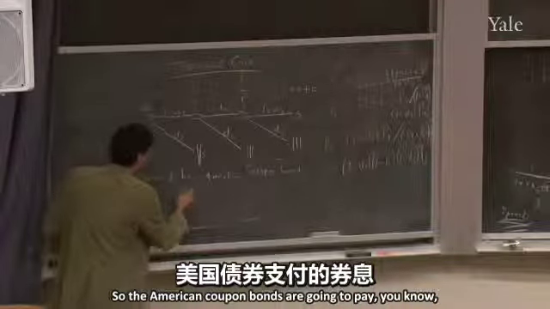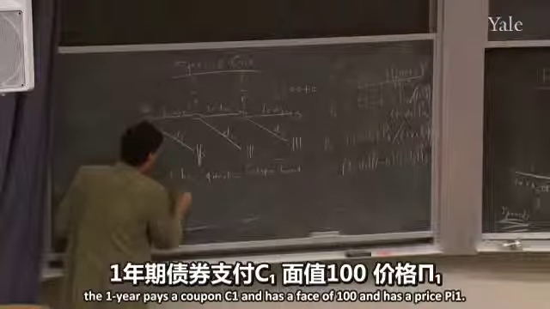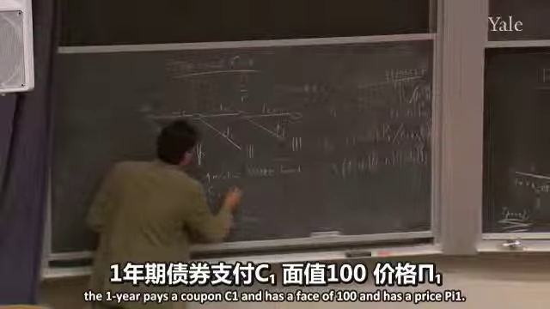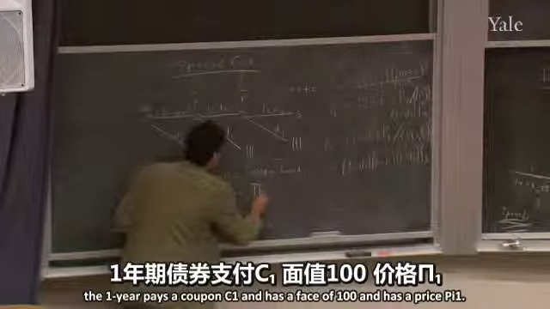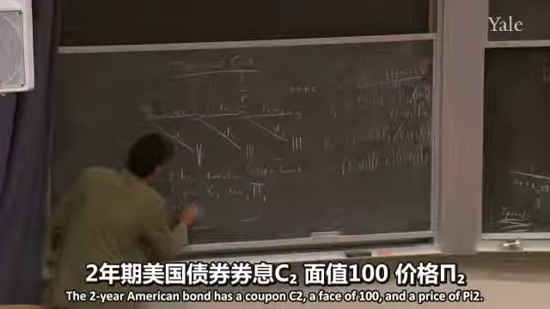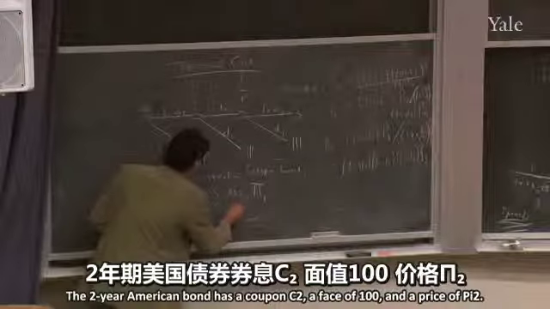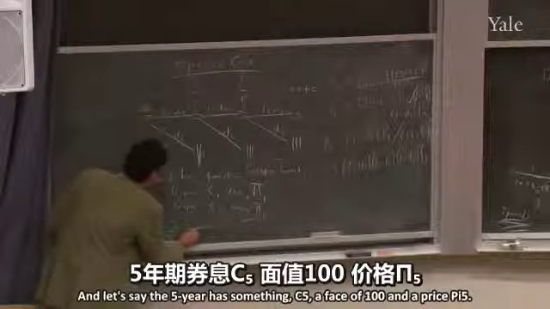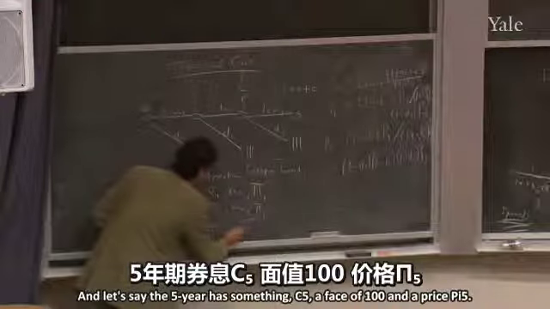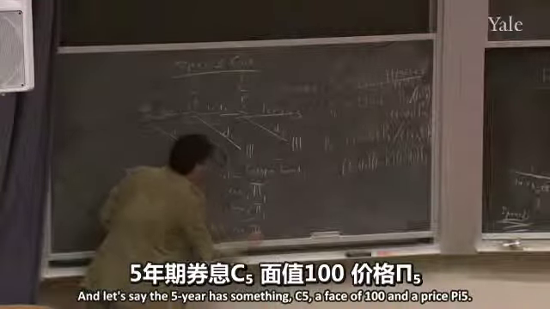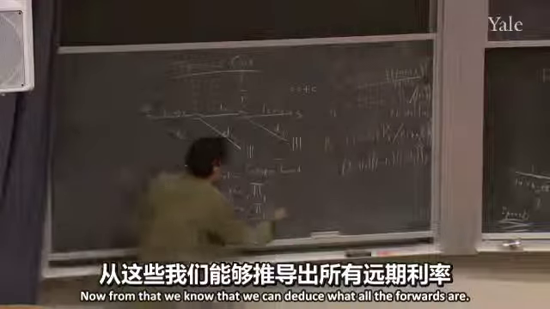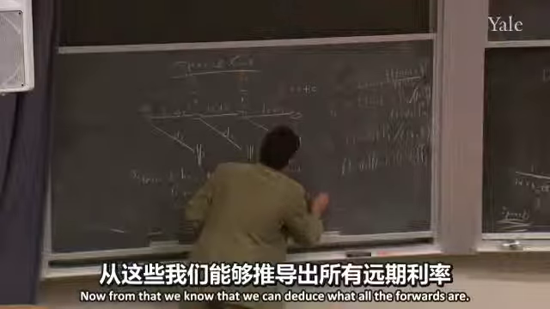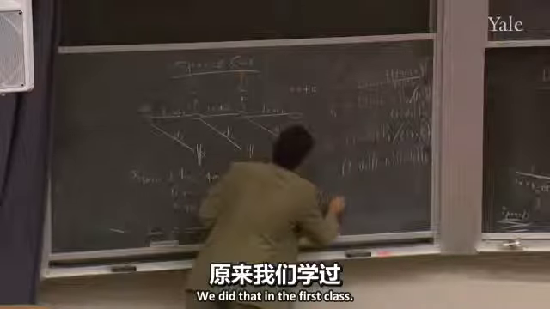The 1-year pays a coupon C1, has a face of 100, and has a price pi 1. The 2-year American bond has a coupon C2, a face of 100, and a price of pi 2. And let's say the 5-year has coupon C5, face of 100, and a price pi 5. From that, we can deduce what all the forwards are. We did that in the first class.